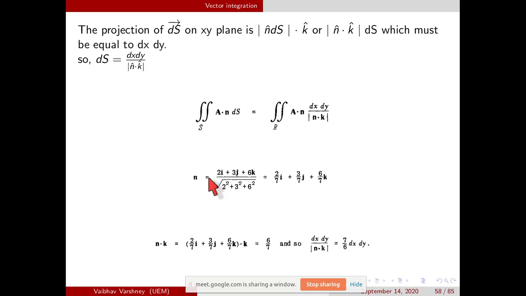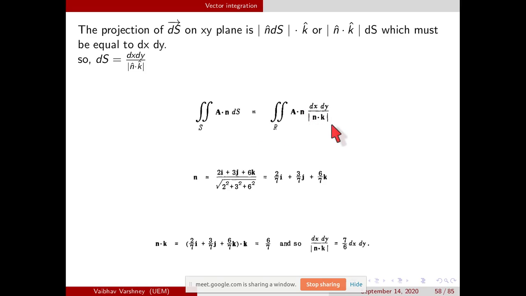So this n cap will be the gradient of the plane, that is 2i plus 3j plus 6k, and we want to calculate the unit vector, so we will divide it by its magnitude, square root of 2 square plus 3 square plus 6 square. So we will get this vector, 2 by 7 i cap plus 3 by 7 j cap plus 6 by 7 k cap. And so we got this n vector.